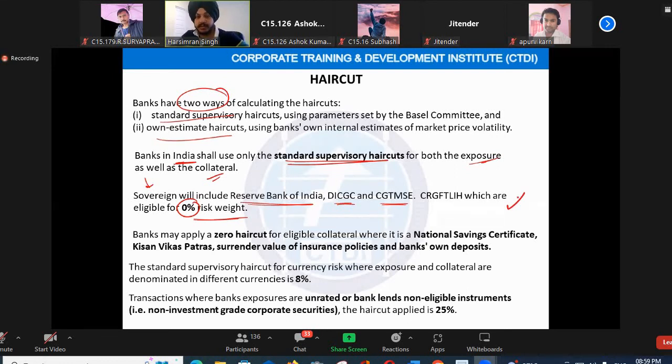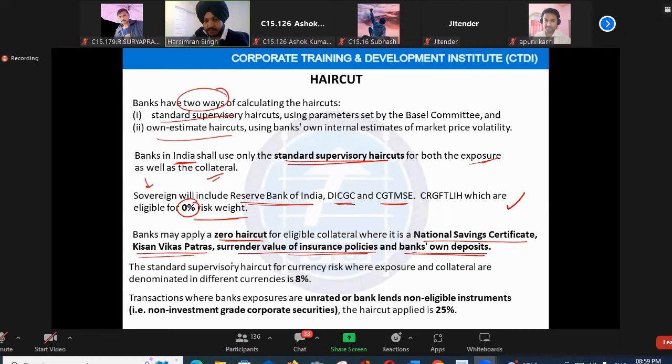Second, banks will apply a 0 haircut for eligible collateral where it is national savings certificate, किसान विकास पत्र, or surrender value of insurance policies or bank's own deposit. That means loan against FDR, loan against LIC policy, loan against Kisan Vikas Patra, loan against National Savings Certificate. The haircut on collateral will be 0.